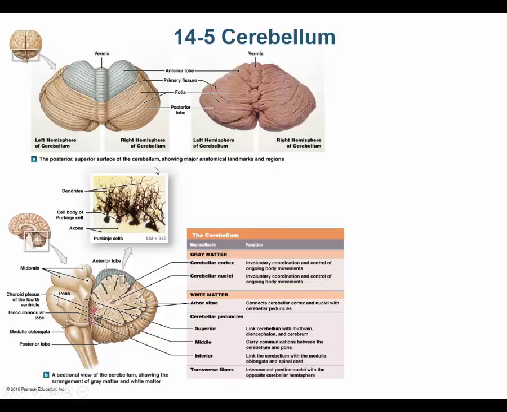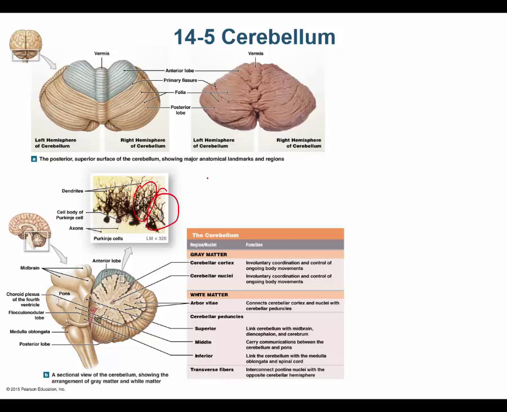All right, the cerebellum. Now look at these Purkinje cells right here. These are pretty cool. These Purkinje cells, I should say, because Purkinje fibers are in the heart. Let me just tell you overall what the cerebellum does. The cerebellum overall gives you coordination and motor adjustment, muscle adjustment.